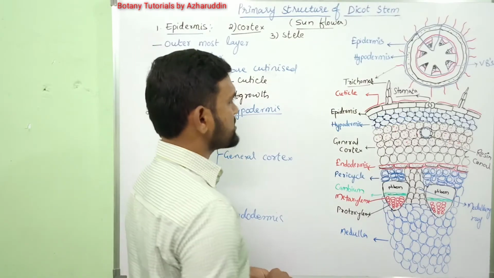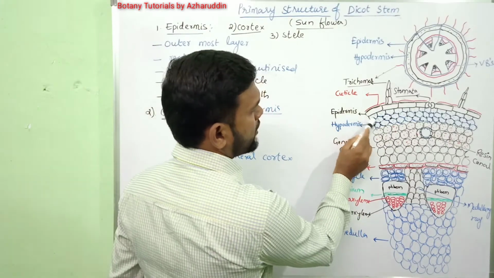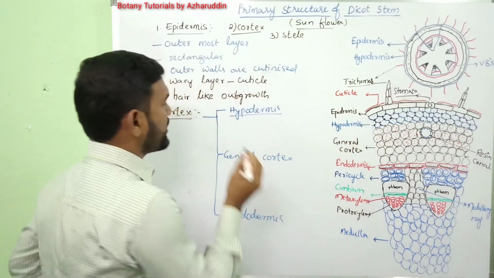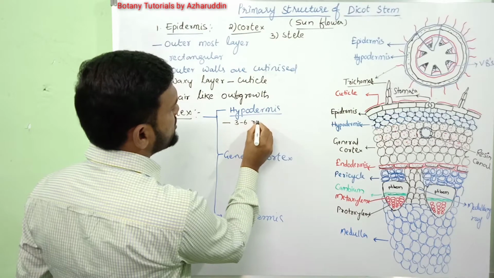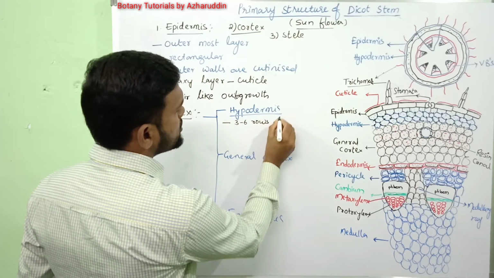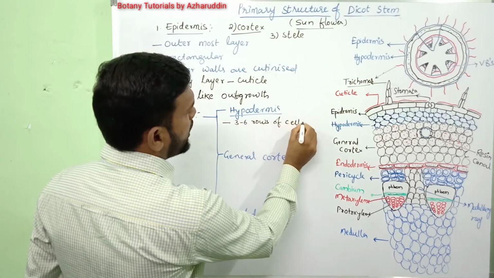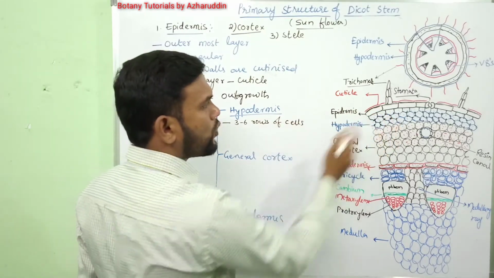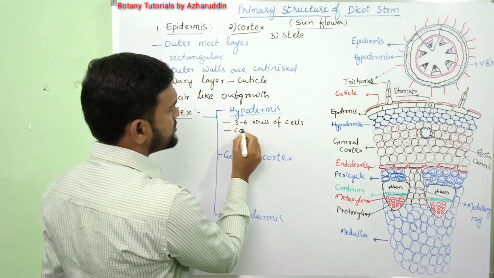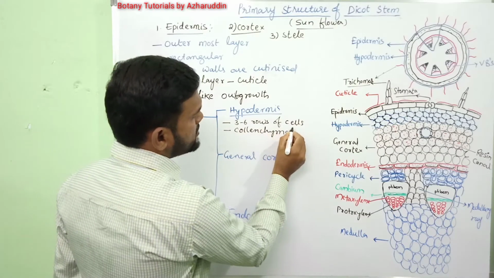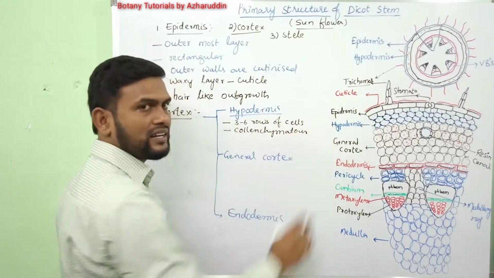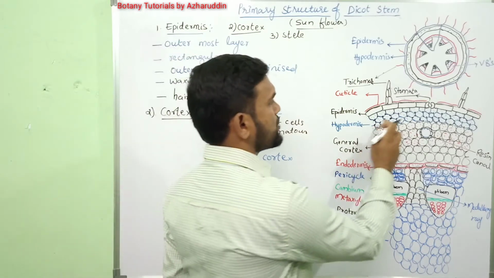Hypodermis is present below the epidermis. It is composed of 3 to 6 rows of cells, and all the cells are collenchymatous. These cells are arranged compactly without intercellular spaces.